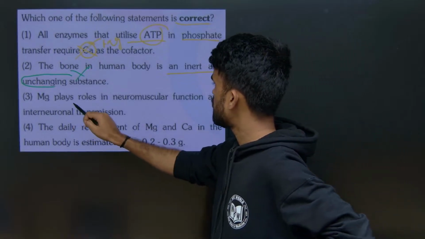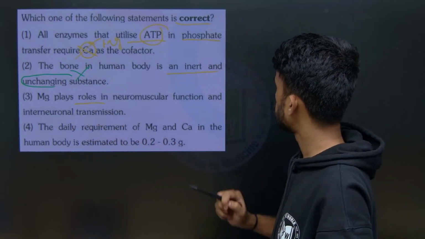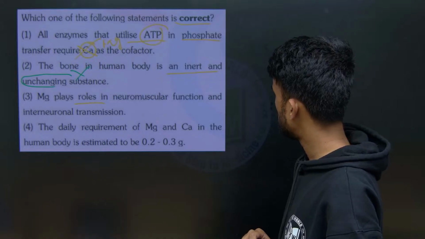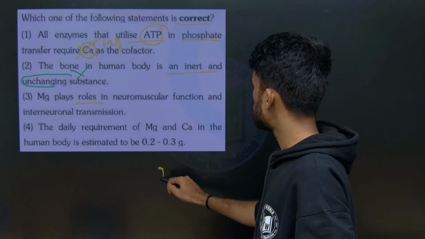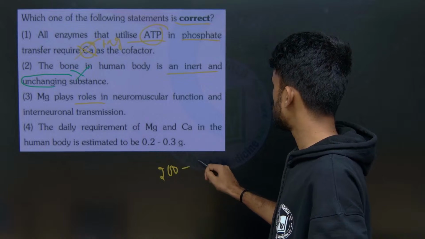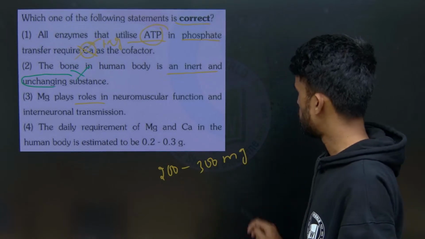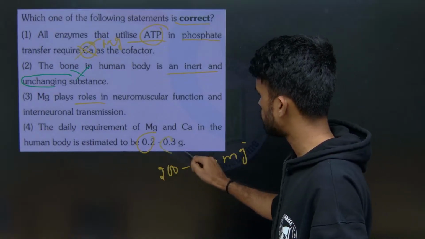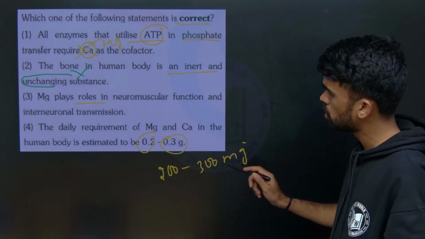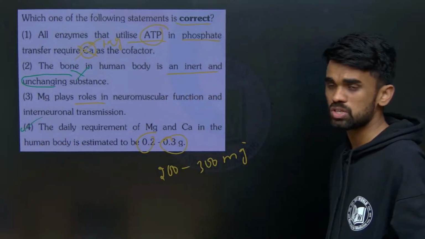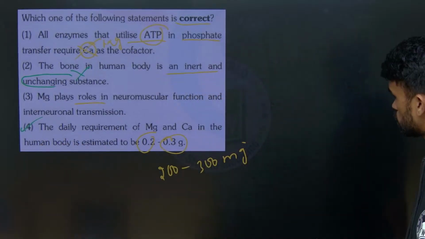Magnesium plays a role in neuromuscular function. The daily requirement is 200 mg to 300 mg in the book, but here it is given in grams, so we can write it in grams also. So the fourth option is most appropriate for this particular question.